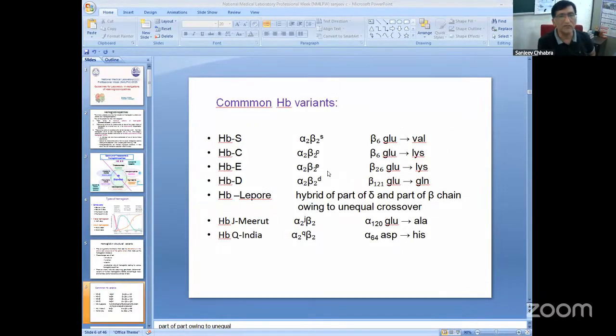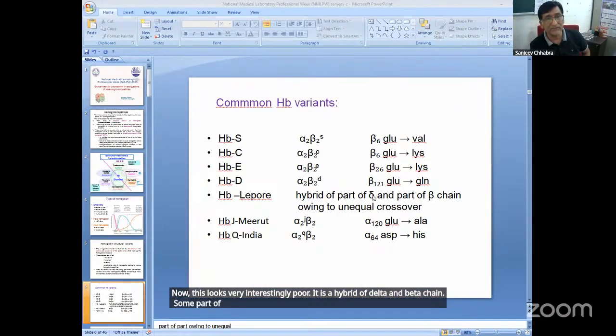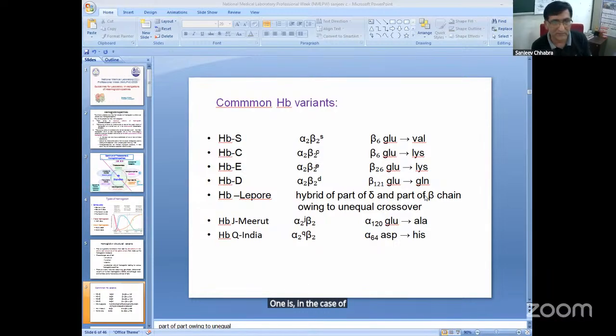In HbE, glutamic acid is replaced by lysine at position 26 of the beta chain. Now this is very interesting: Lepore is a hybrid of delta and beta chain. Some part is of delta and some part of beta chain. It is a hybrid, arising from an unequal crossover in meiosis. So it's a very interesting variant.